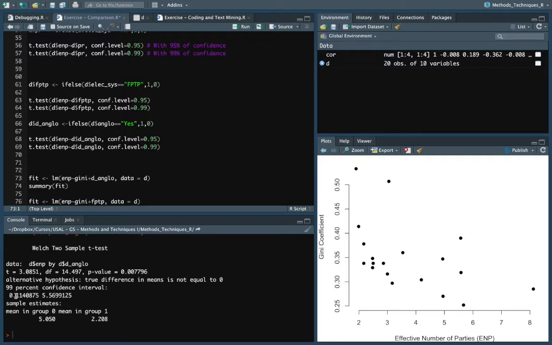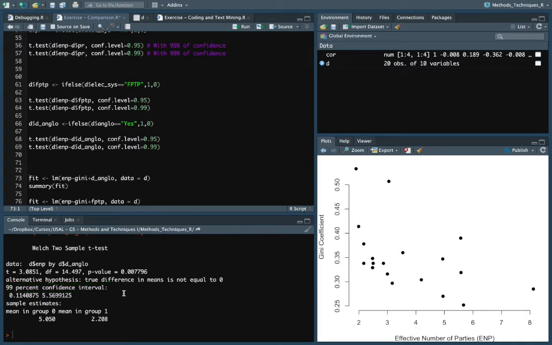Since they are both positive, the hypothesis that the true difference in means is equal to zero is not confirmed, because I am really sure with 99% confidence that the true difference in means between Anglo-Saxon countries and all other countries is above zero. They are really different.